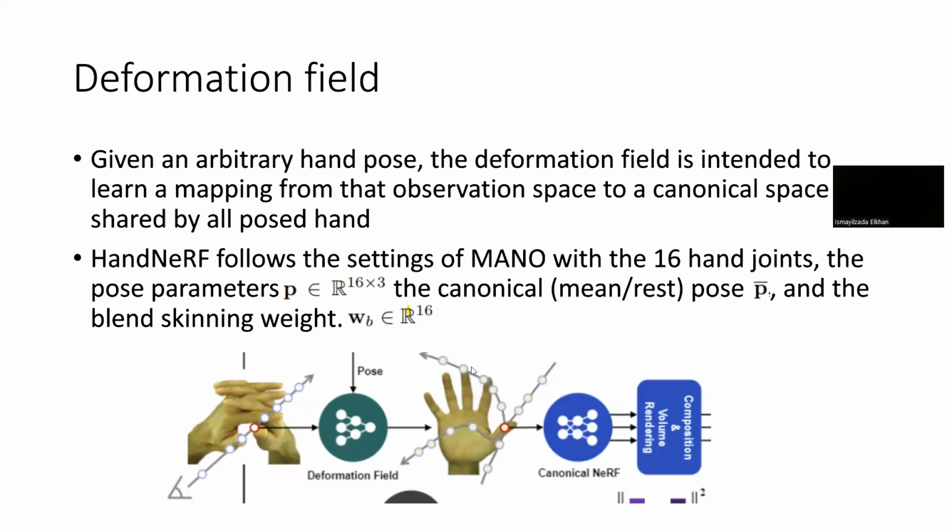So MANO is a different paper from 2017. I myself am not clear about everything about this, but I might be wrong. From what I get so far, we use this MANO technique to get a mesh representation of this observable scene that we are seeing, and then we use this mesh representation and also the pose as an input to this deformation field.